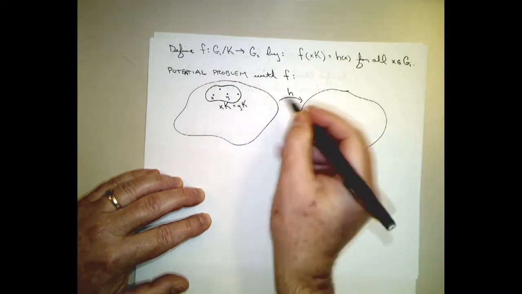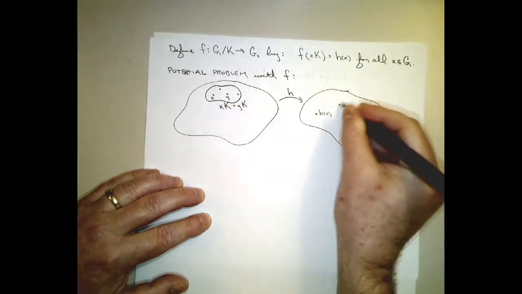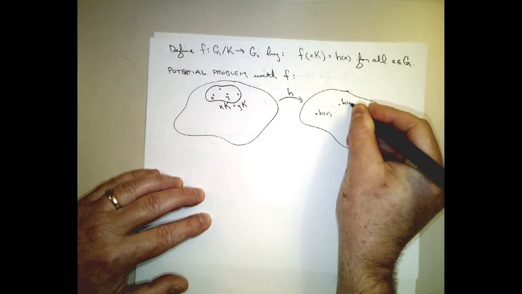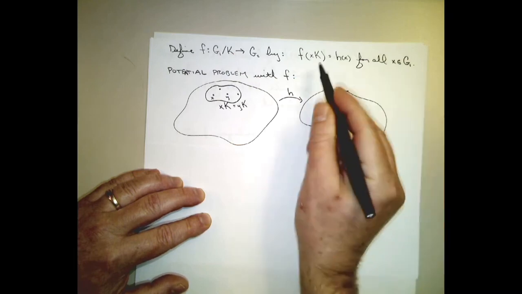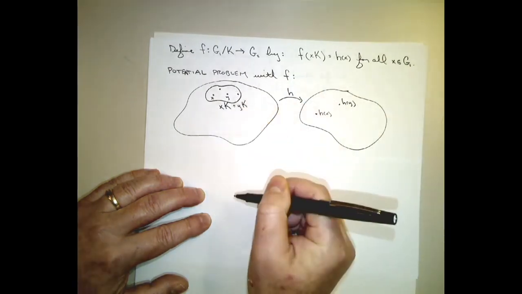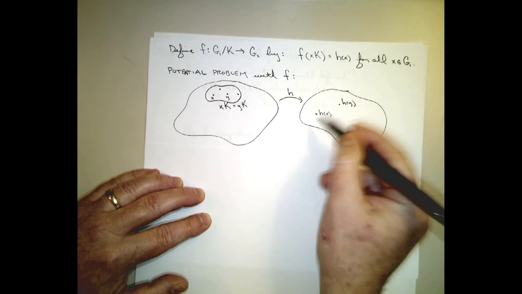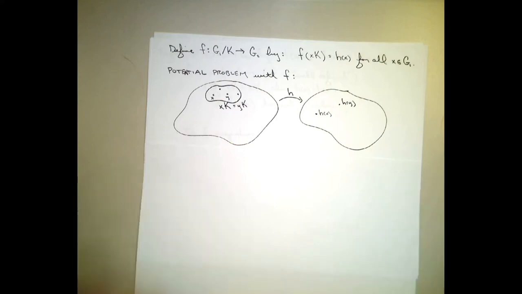But what would have happened if H sent X and Y to different elements? That'd be a problem, because now I have this function that's sending a coset to two different elements. That wouldn't be a function. That would not be well defined. So we need to show that that can't happen.